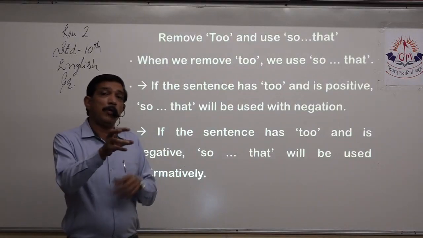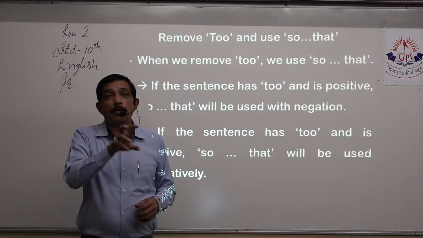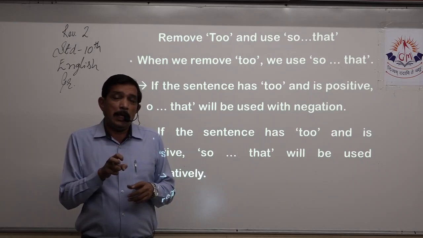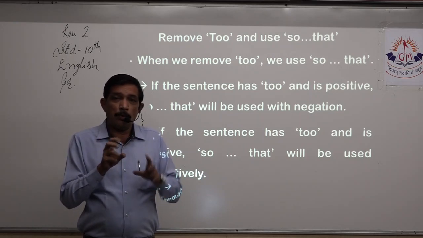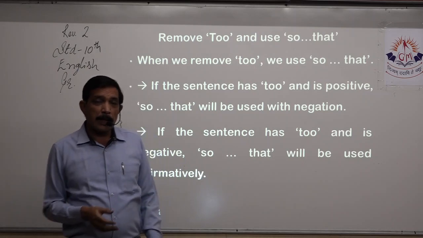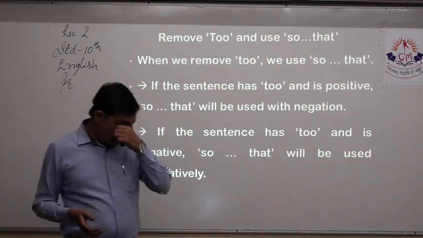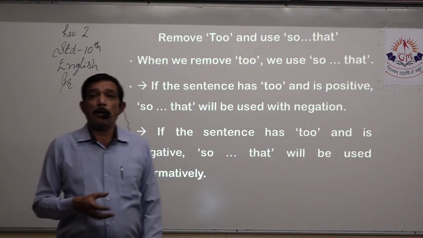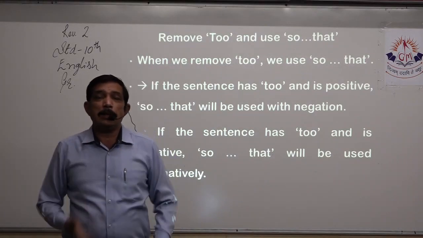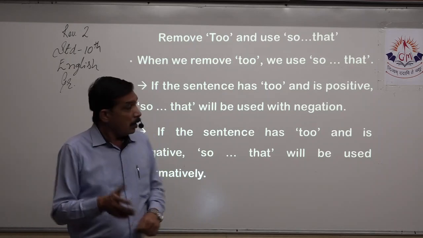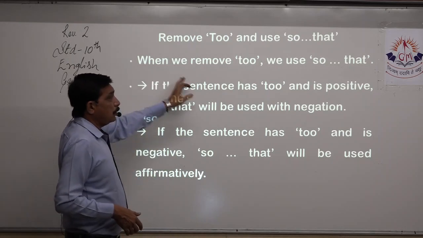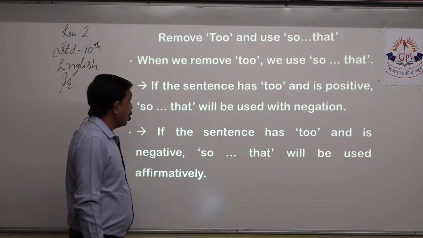If we remove to from the sentence, we make a void in the sentence, and the meaning changes completely, if we take out the to and do not insert anything else instead of to. So when we remove to, we use so that.